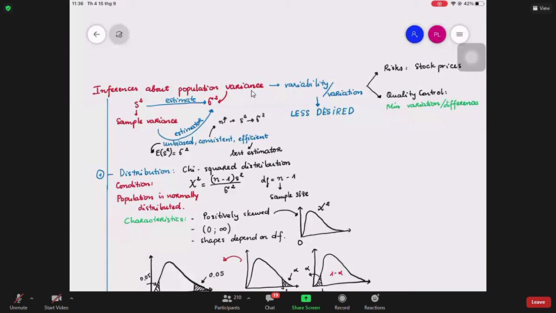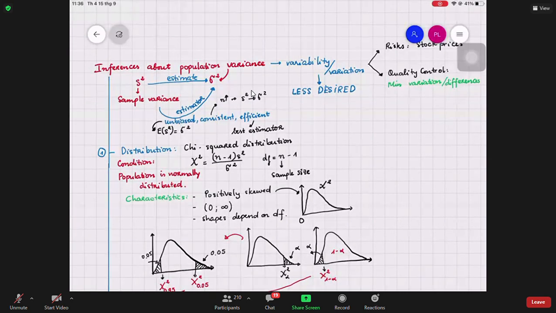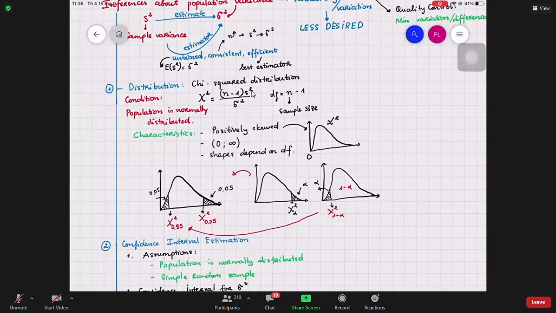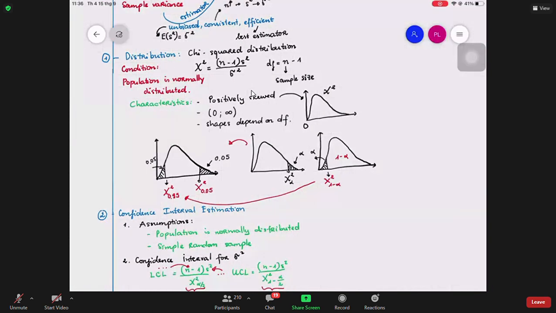Because we have no idea about the population variance, we use the sample variance to estimate the population variance. In order to make the inferences about the population variance, we have to talk about the distribution, or the graph, of the data. And for this, we are using the chi-square distribution. The condition for the chi-square distribution here is that the population is normally distributed.